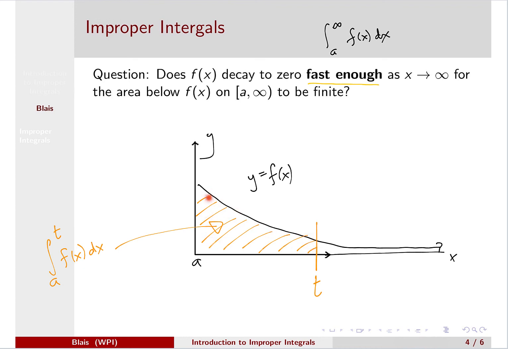Once you have that area, you now will have that area dependent on t. The second step, we can use what we learned in differential calculus and send t to infinity.